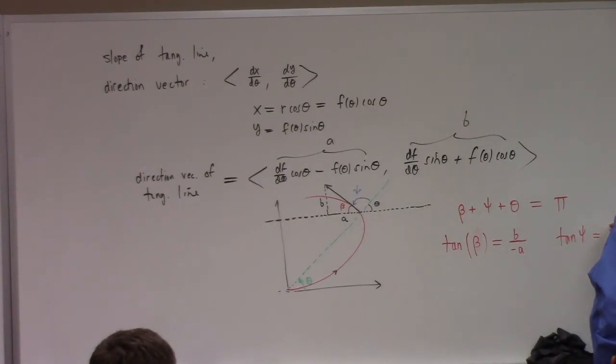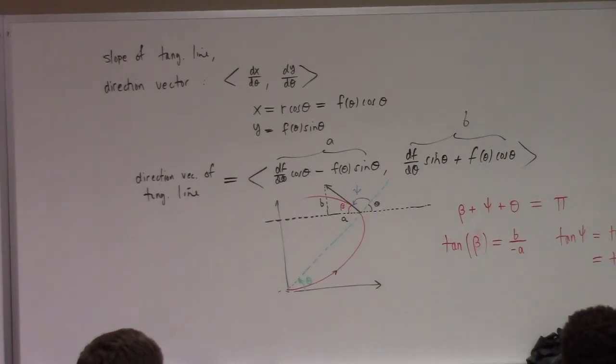But tangent psi is what? Tangent psi is equal to the tangent of pi minus theta minus beta, right? Tangent is pi periodic. So that's the same as the tangent of minus theta minus beta. Tangent repeats itself when you shift by pi.